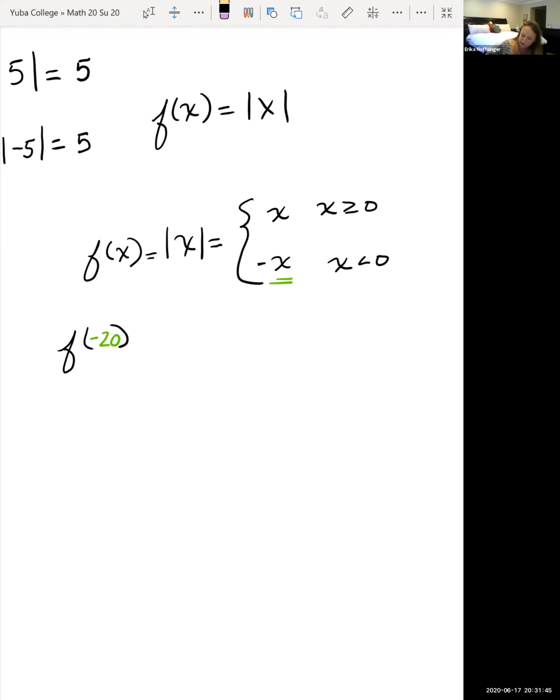When you plug in -20 wherever you see an x, you get the negative of -20, and the negative of -20 is equal to +20. If you chose the number 10, you would look at which set it falls in. Is it bigger than 0 or less than 0? 10 is bigger than 0. You'd plug it into just x, and that would give us 10. So technically, I know you probably have been doing absolute values, but you might not have seen it written as this definition.